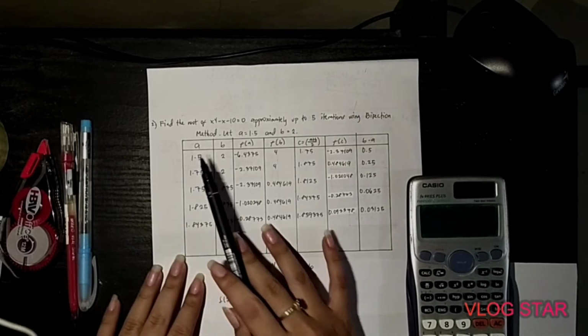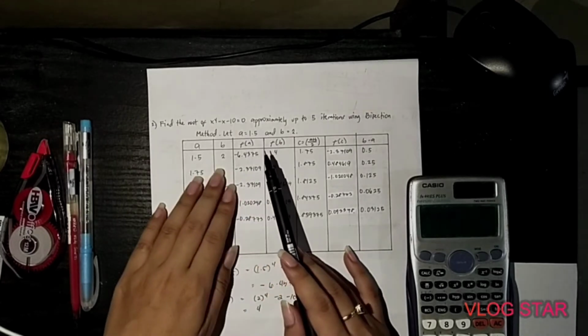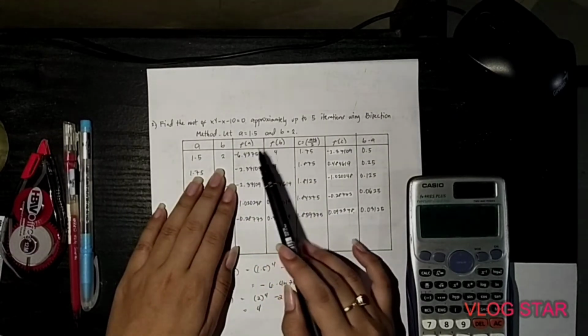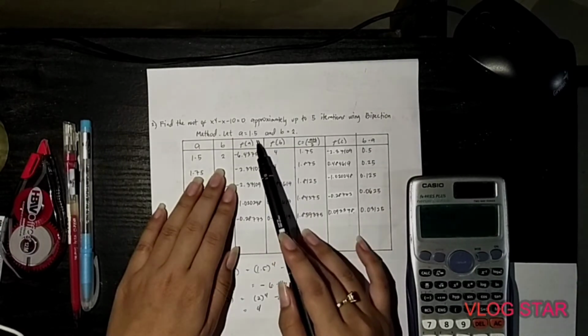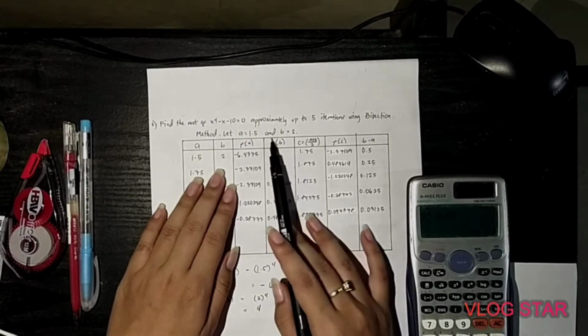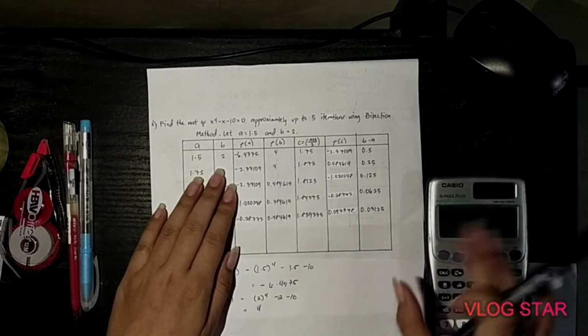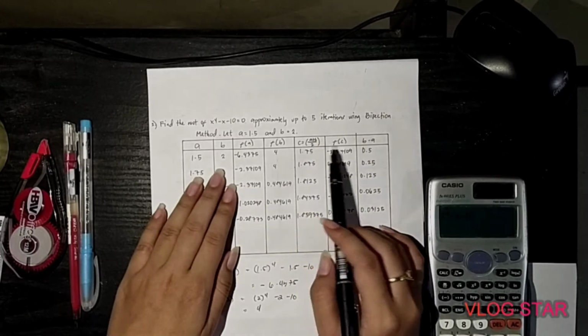We have the a, which is the value of a, the b, the value of b, and f of a, which is the value of a when you substitute here in the function, and also here in b. And c, we're going to add the value of a and b and divide it by 2.